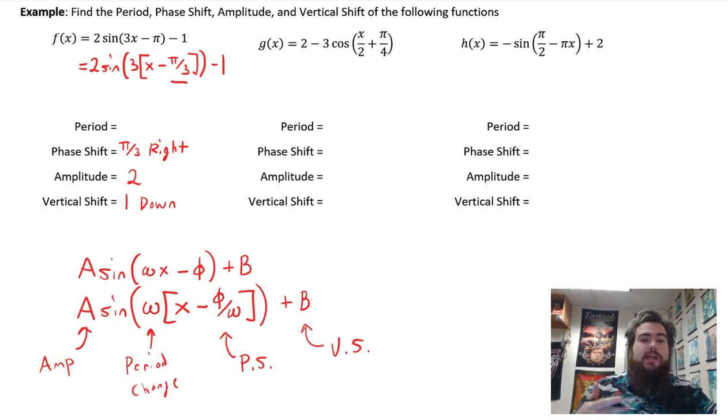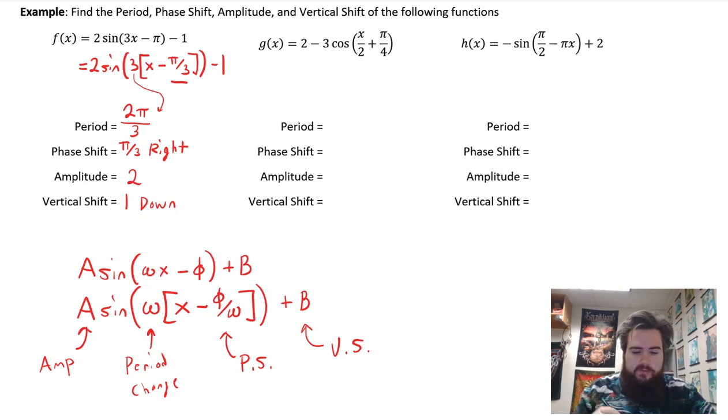The period is what you get when you take the original period and you divide by the period change. So I will take the original period of sine, which is 2 pi, and I will divide by 3. That will give me my new period, which is 2 pi over 3.